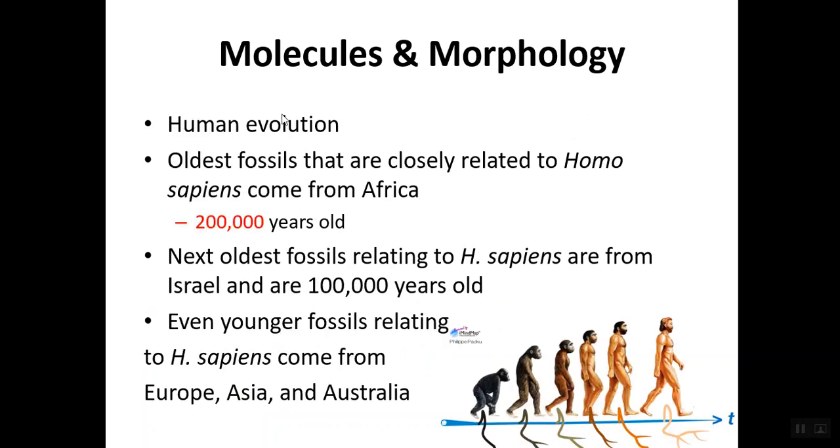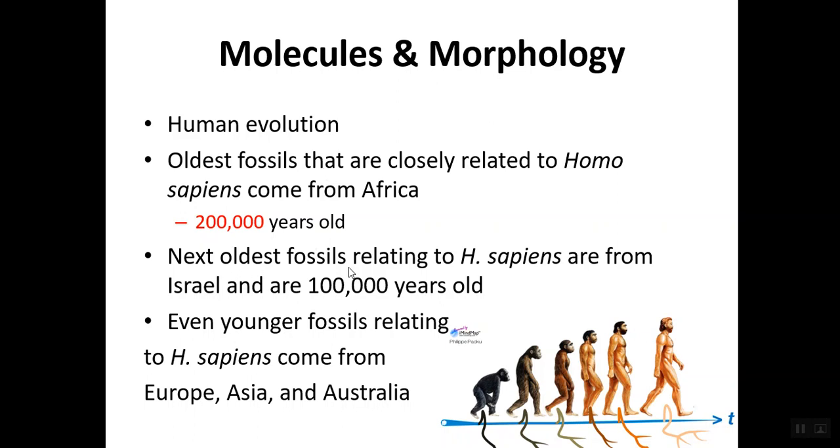All right, so the molecular tree has also been very useful to understand human evolution. We know for a fact that the oldest fossils that are closely related to Homo sapiens have been discovered in Africa, and they're about 200,000 years old. This is a fact. This is fossil evidence.